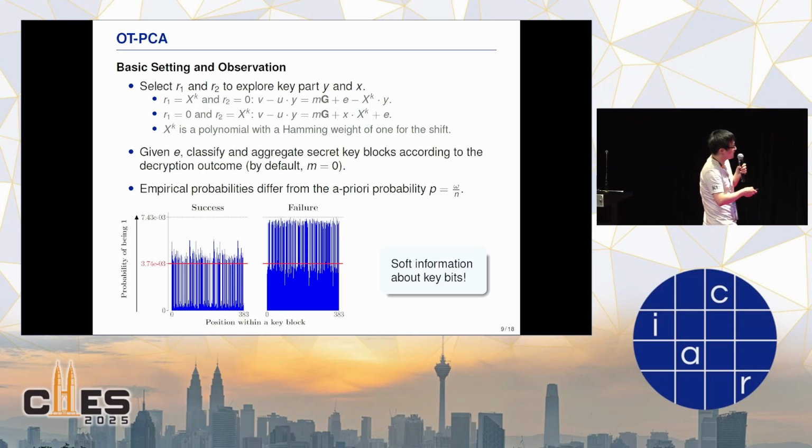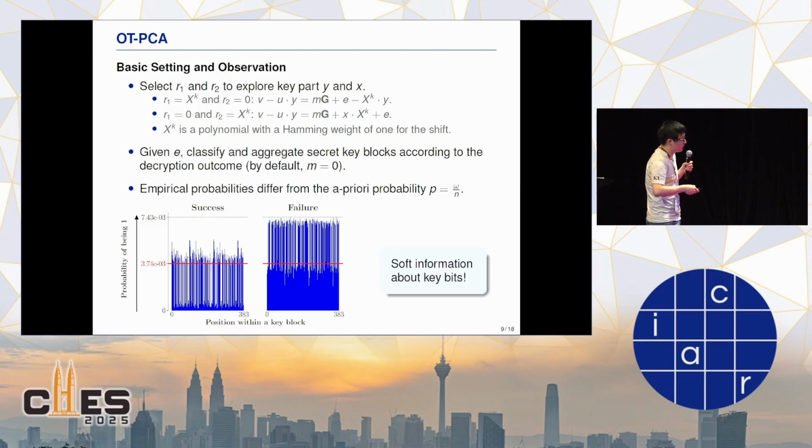But when you observe the decoding output, success or failure, you can see that some positions are extremely likely to be 0, and some positions are more likely to be 1. So this is soft information about the key bits, and each time we can get information about 384 bits. Maybe that's not that accurate, but still, this is a lot of soft information that we can exploit.